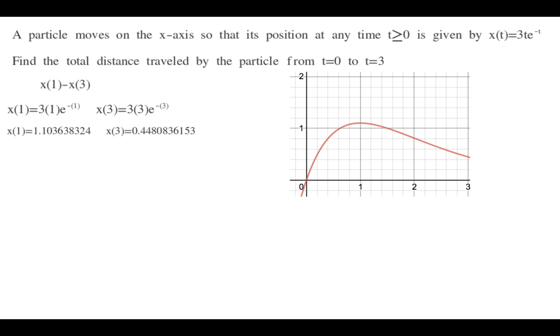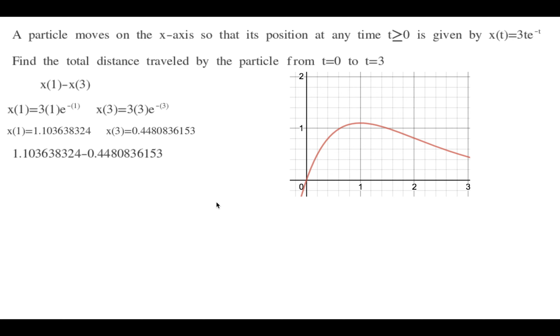By doing the math, you get x of 1 equals 1.103638324, and for x of 3, you get 0.44808365153. You can also see that on the graph, which is where these 2 points are.